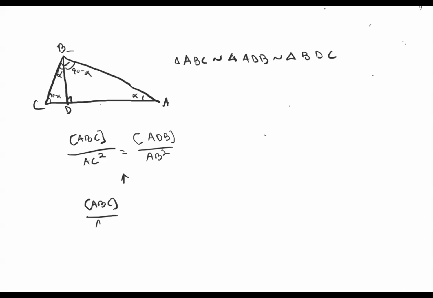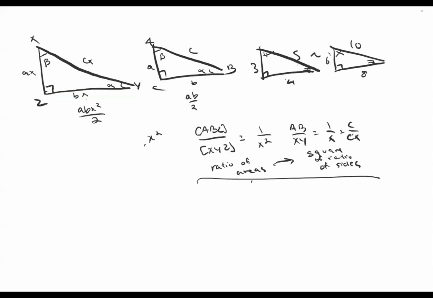We know this because if we just rearrange this a little bit, we get that ABC over ADB equals AC squared over AB squared, right? And then let's use, right, so ABC to ADB is AC to AB, which is basically what we had back here, right?